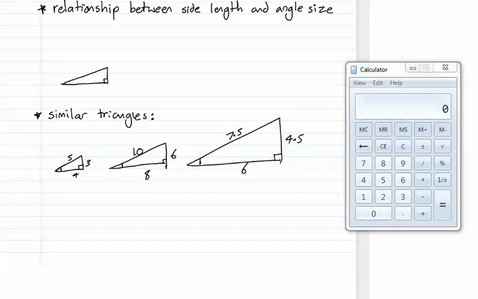Look at this triangle that I've drawn down here. Here's my angle, and if I suddenly made any of the sides bigger, like this side, that would change the size of the angle.